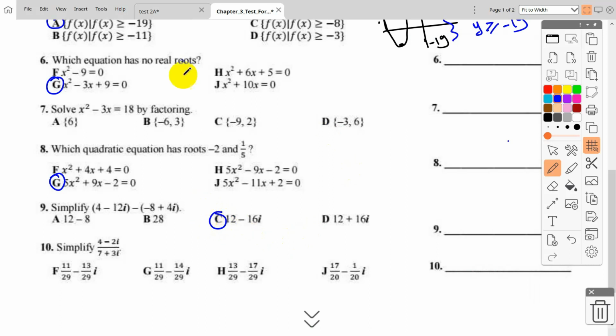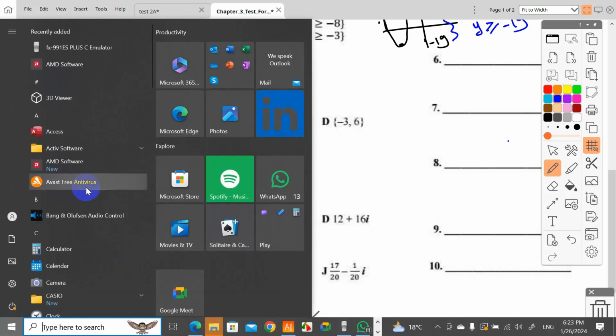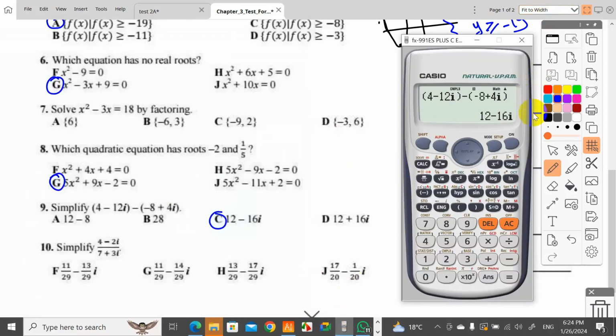The last one, simplify 4 minus 2i over 7 plus 3i. We can perform it also using our calculator. 4 minus 2i over 7 plus 3i, and then equals, the solution will be 11/29 minus 13/29i.